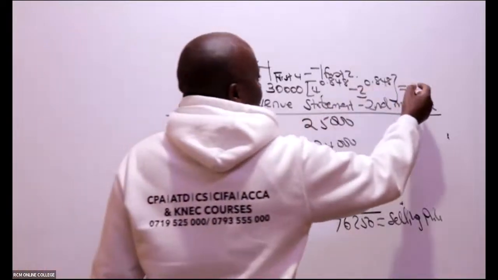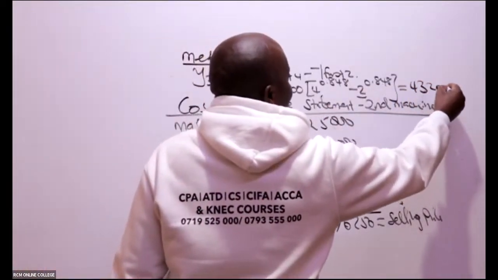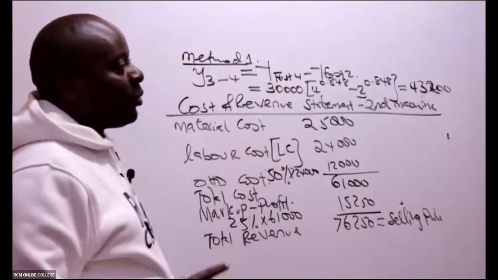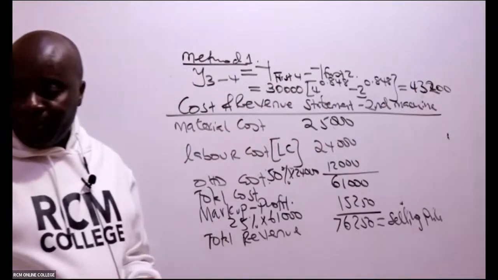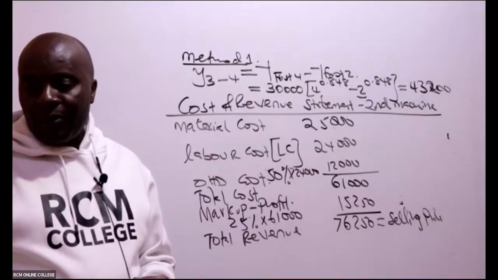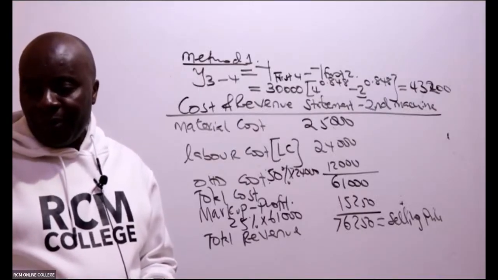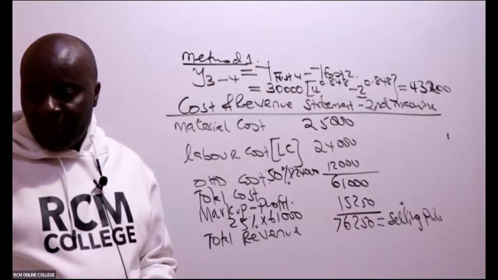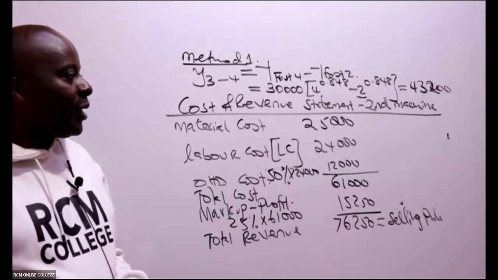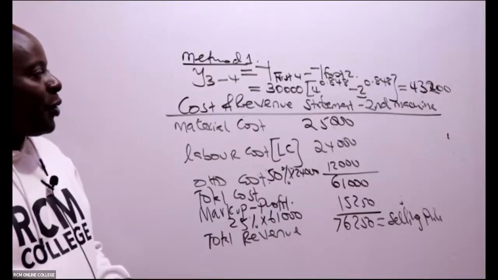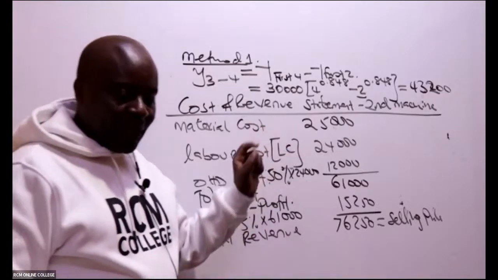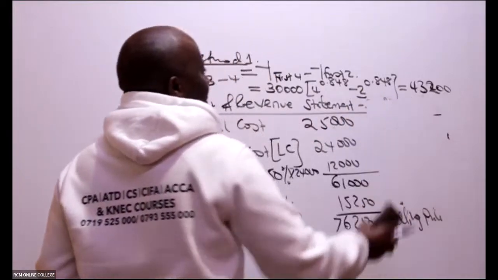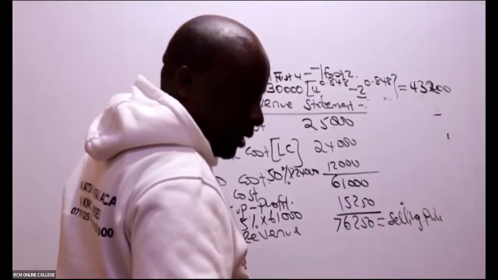So we have here 43,200. Maggie, have you been able to get that value? 43,200. Yeah, great. Then now we do the cost and revenue statement. I will not rub mine, but I'll just come and make some adjustment here. So here, great, Maggie. Now we have here the third and fourth machine.